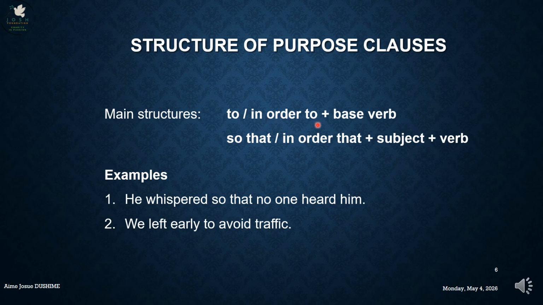In order to be, in order to go, in order to welcome, in order to speak, in order to chat, like that. That's the first structure. Use to or in order to, then you add the base verb.